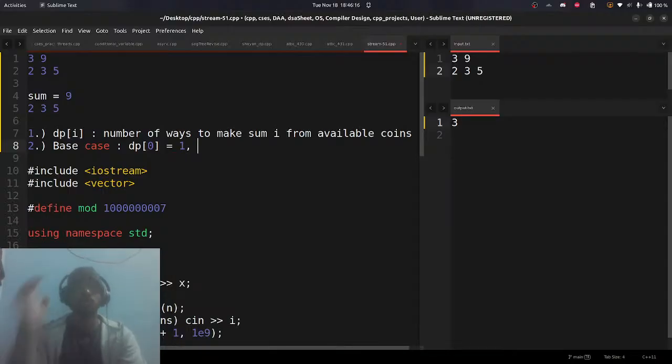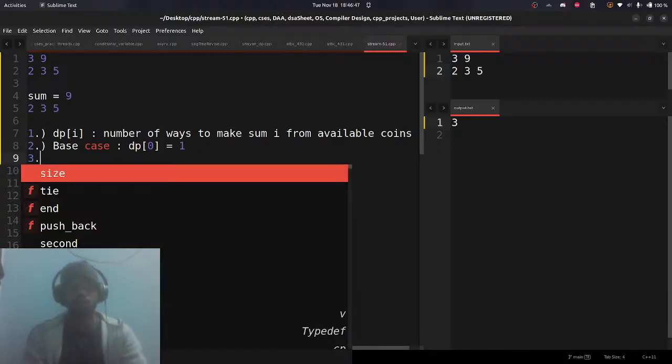And since we are not having an additional dimension for coins, we don't need that type of initialization in the dp. So yeah, I think it should work. For sum 0, there is only one way to get the sum.